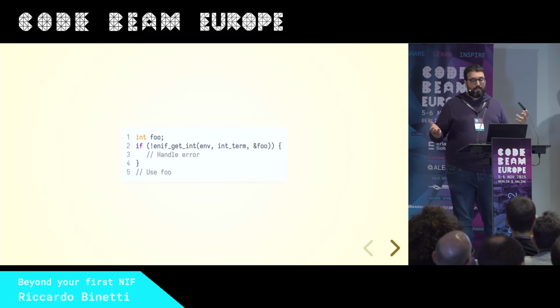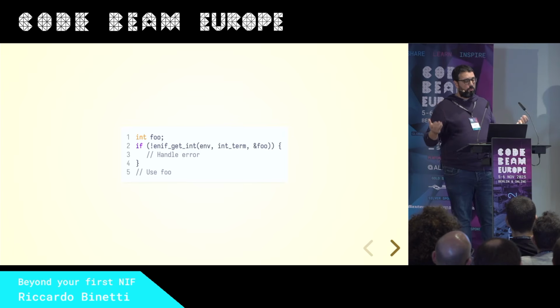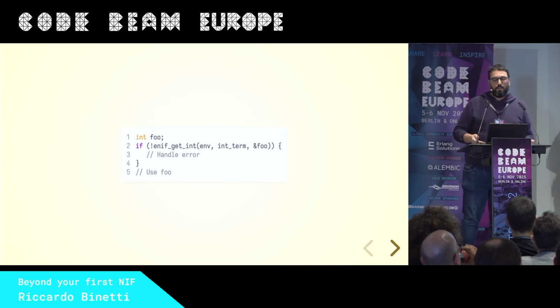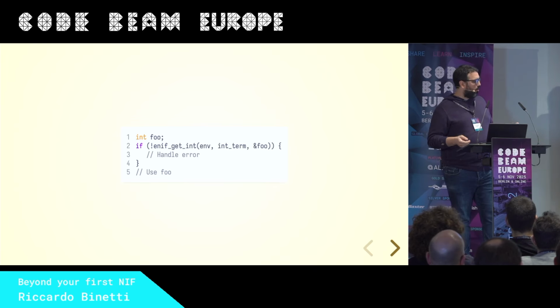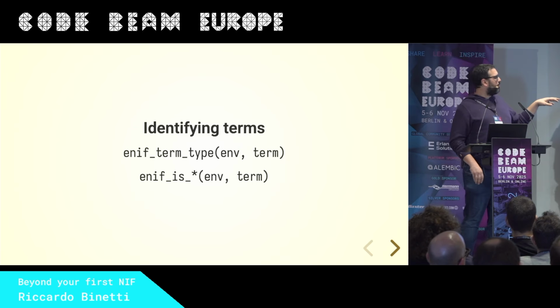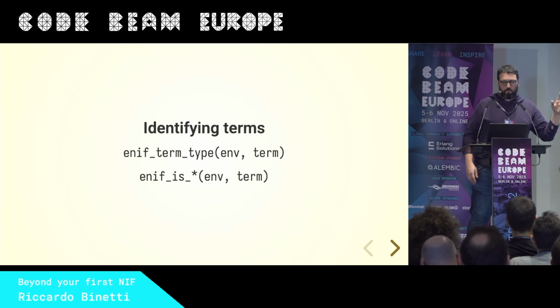Of course, the BEAM is dynamic, so we might have a NIF function that accepts an integer or a float or something else, while on the C side, we're statically typed. So we need a way to switch on term types. To do that, we use either enif_term_type or enif_is_integer, enif_is_float, whatever.